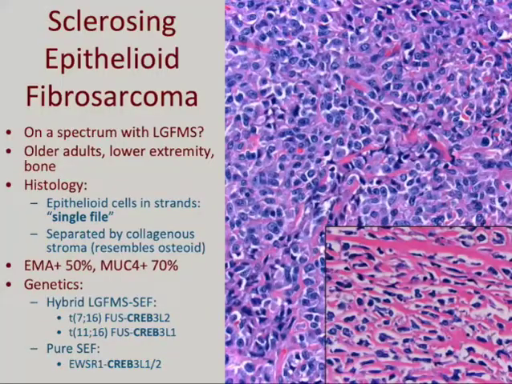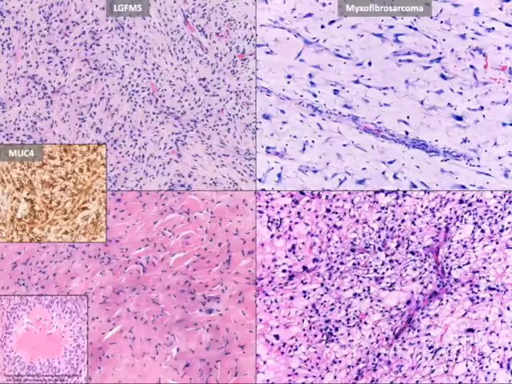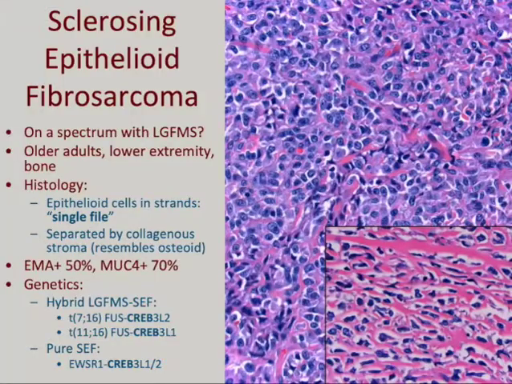Okay? What low-grade fibromyxoid on the left can do is it can transform to so-called sclerosing epithelioid fibrosarcoma, retaining EMA, retaining MUC4, and retaining the genetics. You can also have a pure sclerosing epithelioid fibrosarcoma that does not transform from LGFMS.